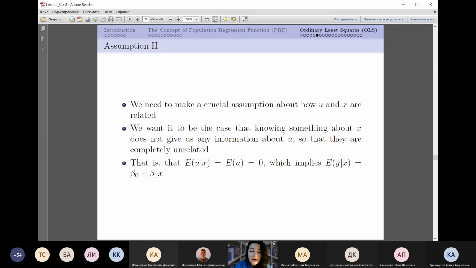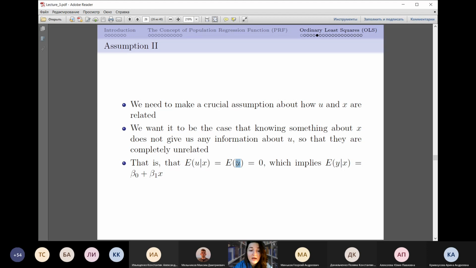Let's say that our dependent variable is again wage, our explanatory variable is education level, and in the error term we have some innate ability.